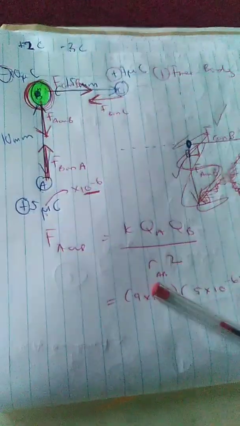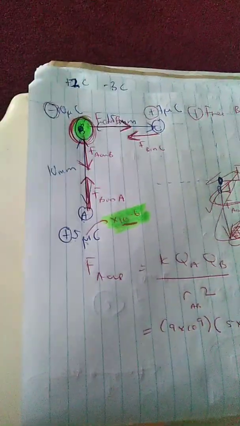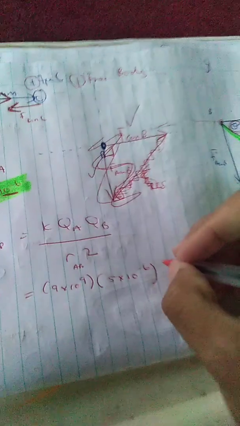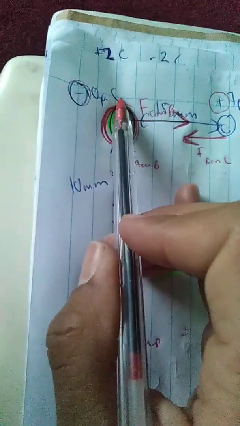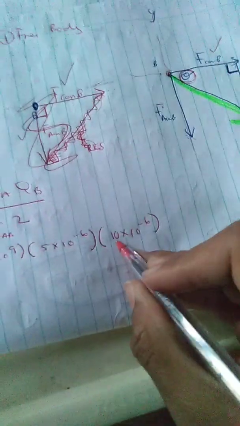You must learn that. Nano is times 10 to the negative 9, micro is times 10 to the negative 6. Don't put in the sign, don't put in plus and don't put in the minus sign. QB is 10 microcoulomb, so just say 10 times 10 to the negative 6.